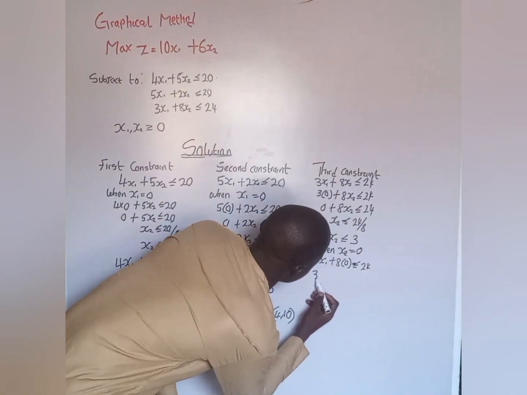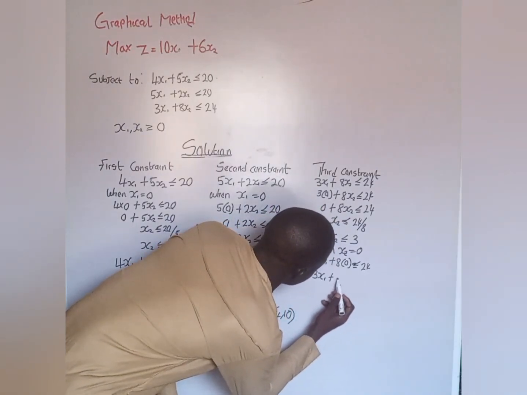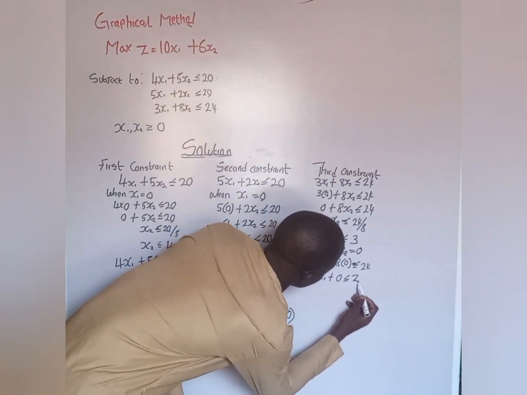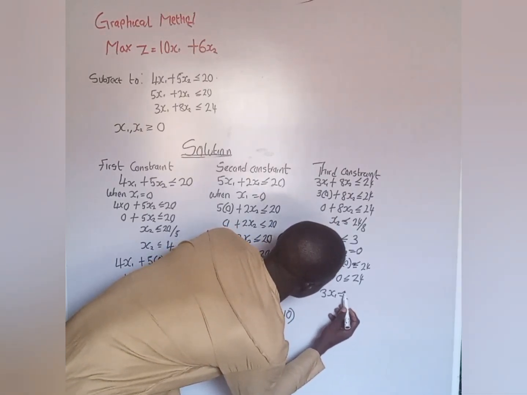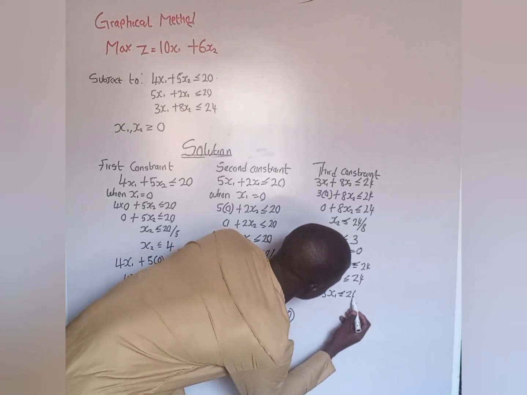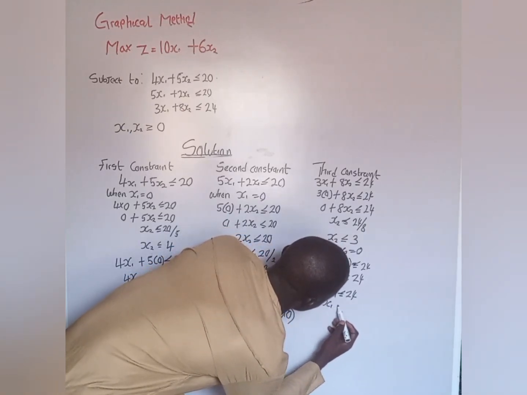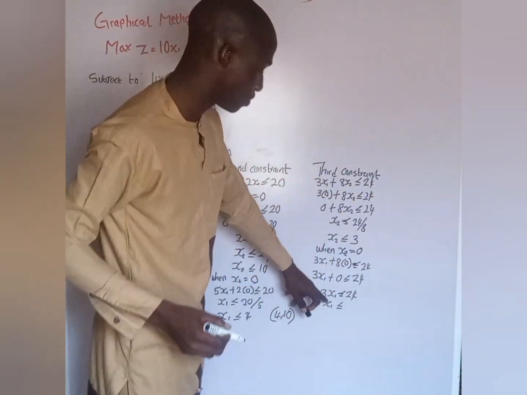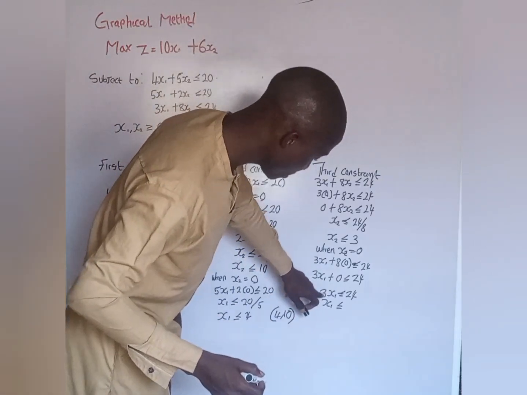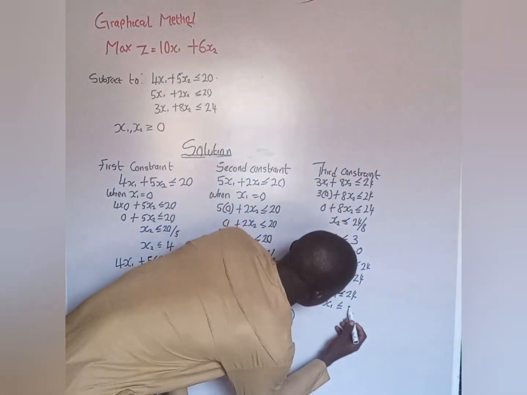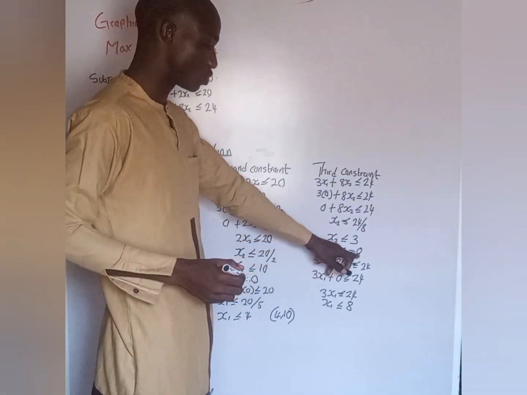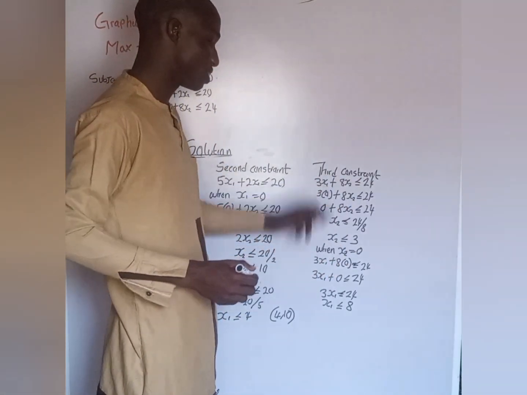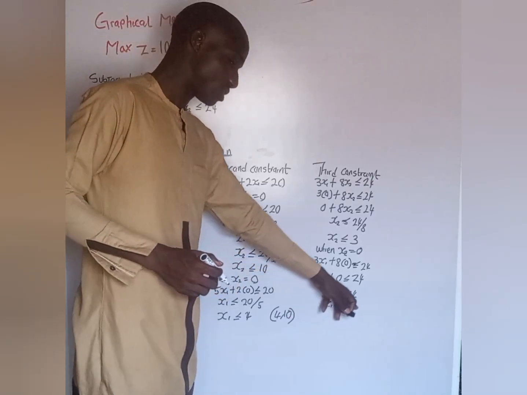So 3x1 plus 0 is less than or equal to 24. So x1 is less than or equal to 24 divided by 3, which gives us 8.